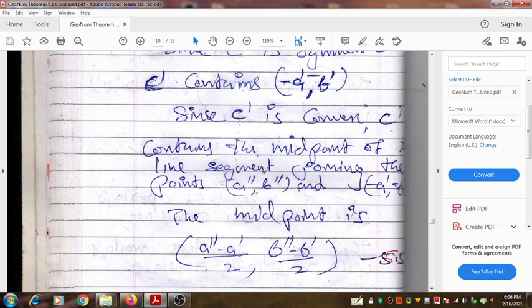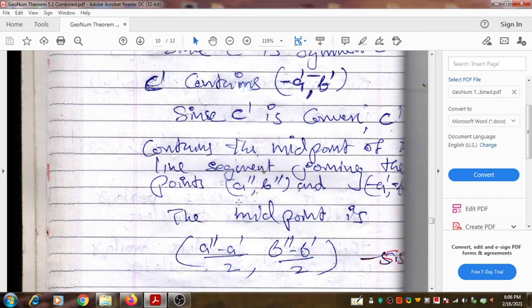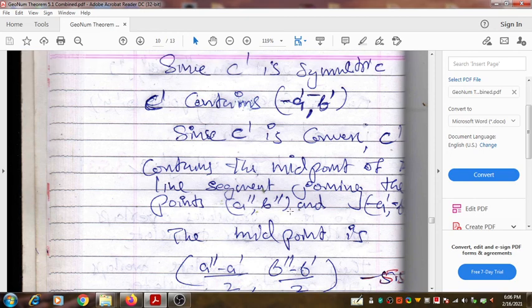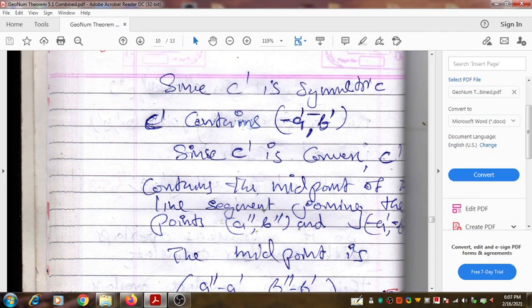Since the set C prime is convex also, the line segment joining the points a double prime, b double prime and minus a prime, minus b prime will be contained in C prime entirely, because a double prime, b double prime is a point common to C prime and C double prime, so this point is clearly in C prime.